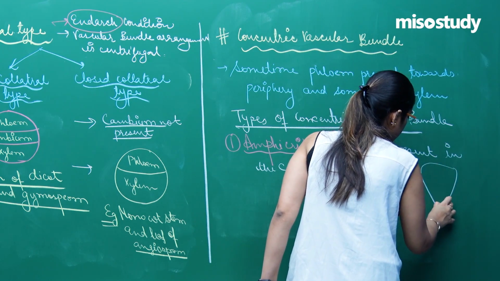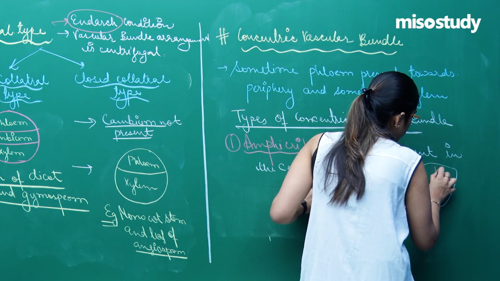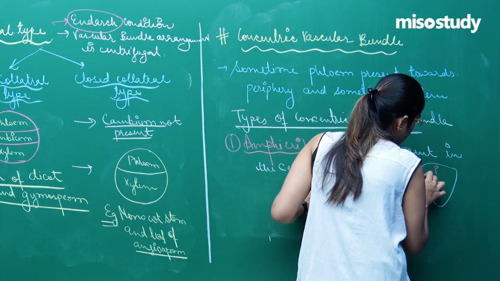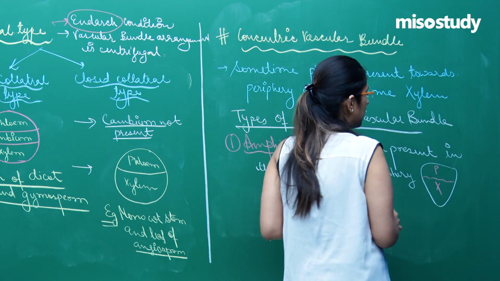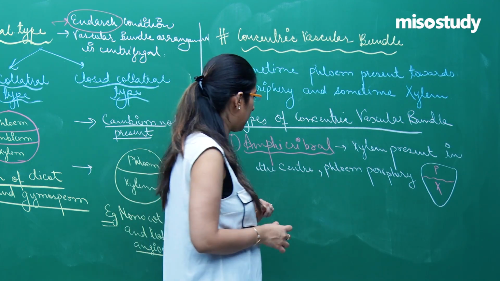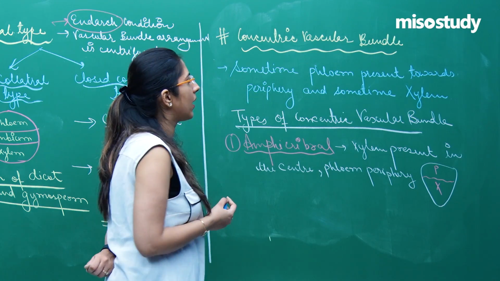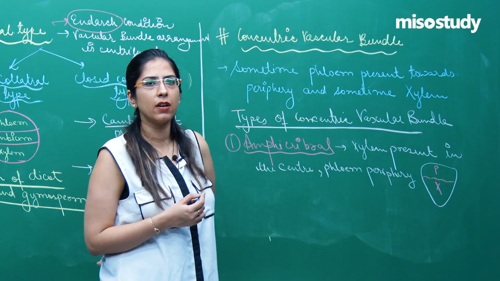Suppose this is a vascular bundle. In this vascular bundle, we have the phloem present over here and the xylem is present towards the center. This type of arrangement is called as amphicribral type of arrangement, right? And the very good example we have is the fern rhizome.